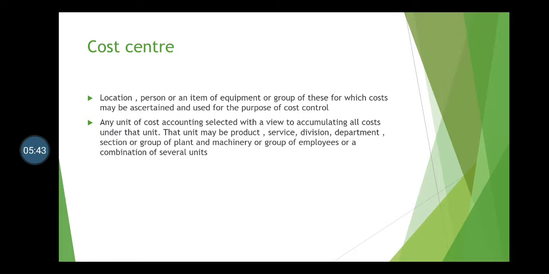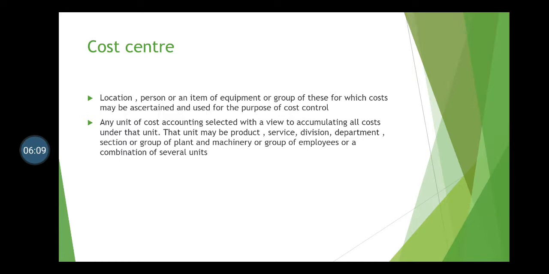Imagine a firm is producing different products like product A, product B, product C, product D. We are trying to find out the cost incurred by product A, cost incurred by product B, similarly cost incurred by product C, cost incurred by product D.